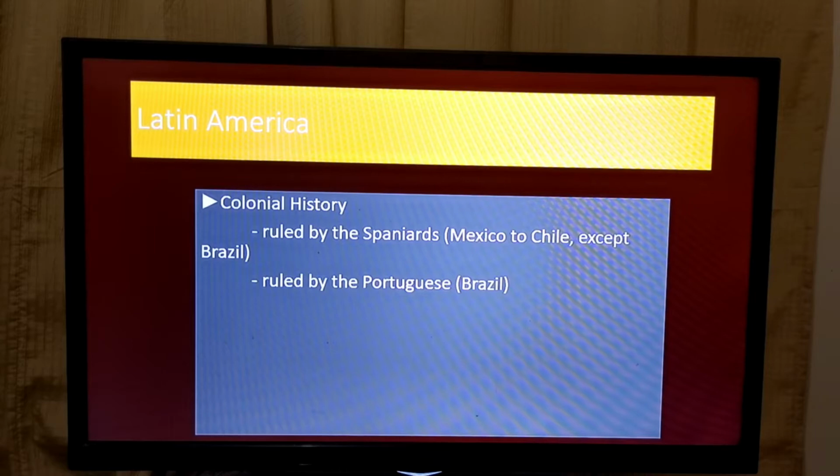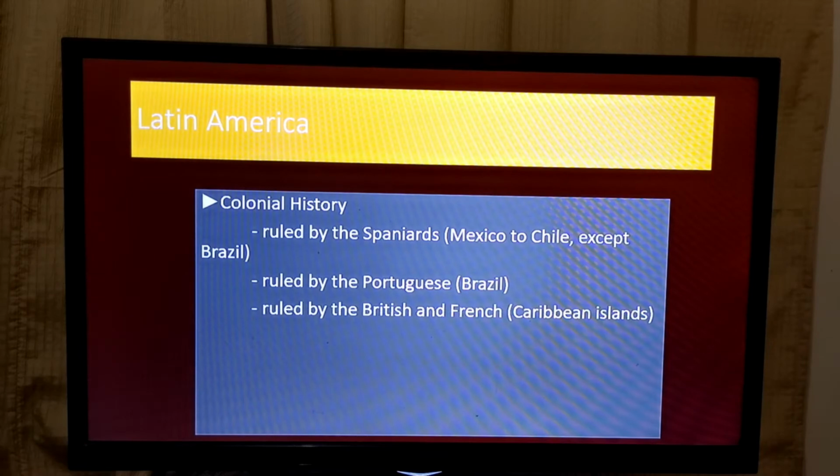And the Portuguese also got their share of the landmass. They got present-day Brazil as their colony. And later, the French and the British took over the Caribbean islands. So as you can see, Latin America was practically divided like a buko pie among the European powers.